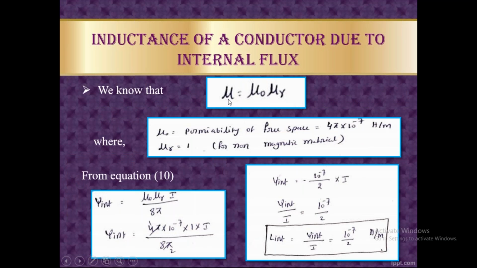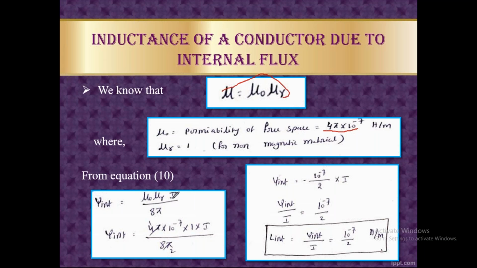You already know that mu can be written as mu naught into mu r, where mu naught represents the permeability of free space, and its value is 4 pi into 10 power minus 7 Henry per meter, and mu r is 1 for non-magnetic material. So these two are constant parameters.